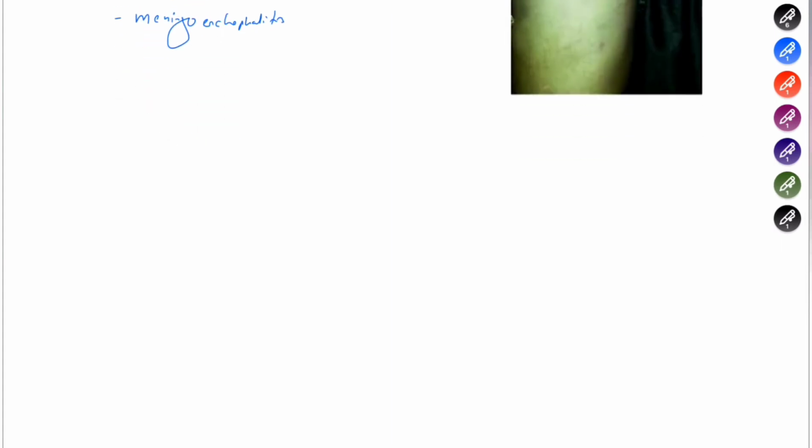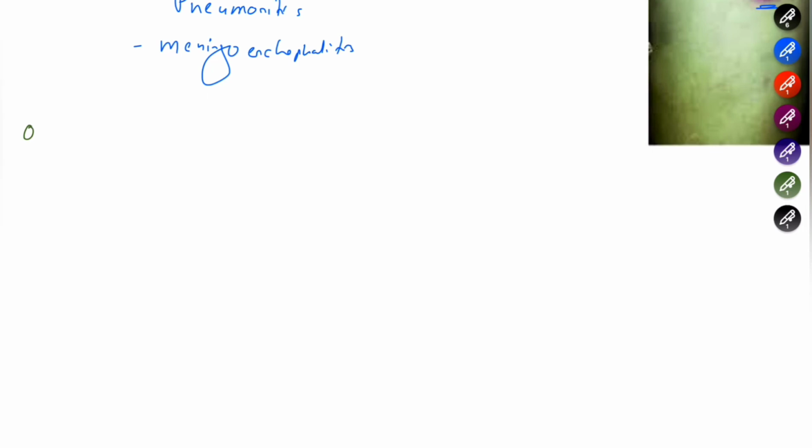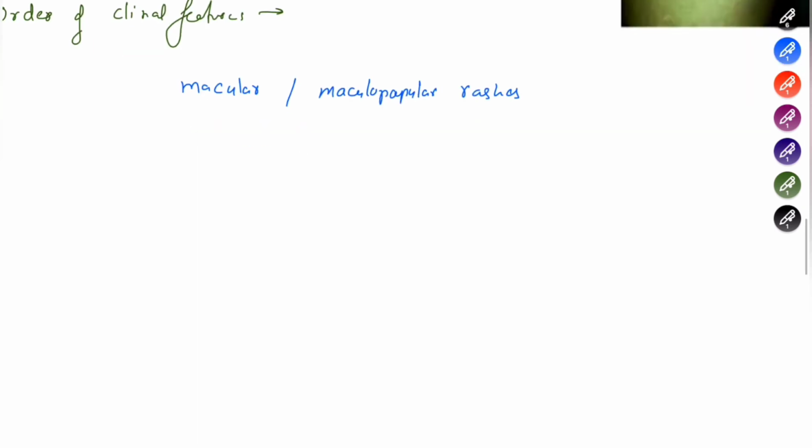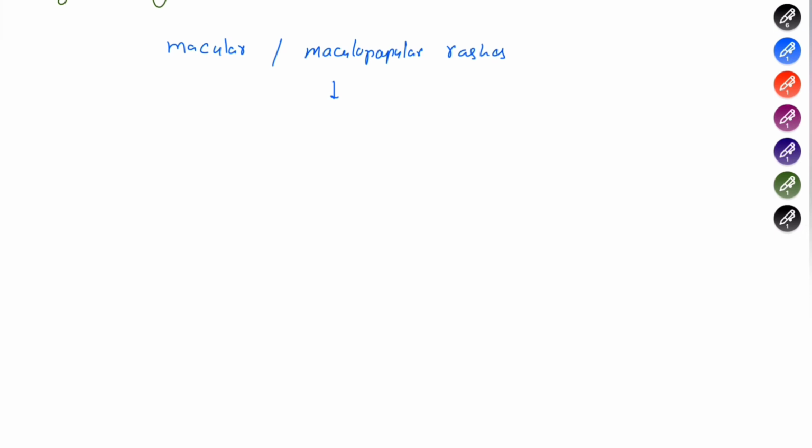Now we'll see the order of clinical manifestations one by one. The symptoms develop one by one. Firstly, we can see the macular or maculopapular rashes, followed by development of an eschar, which is dead tissue at the site of the tick or mite bite.